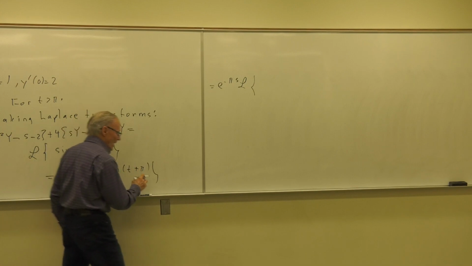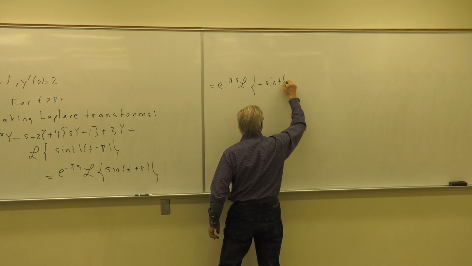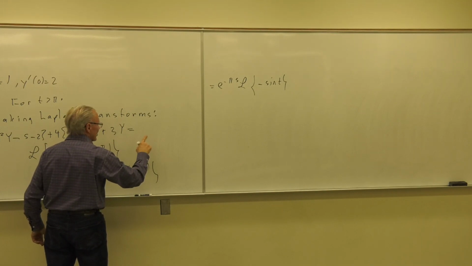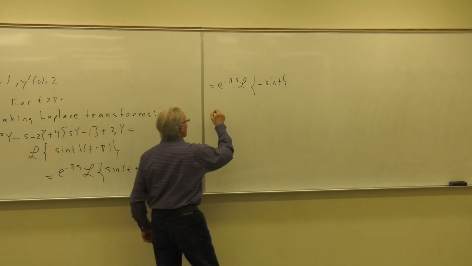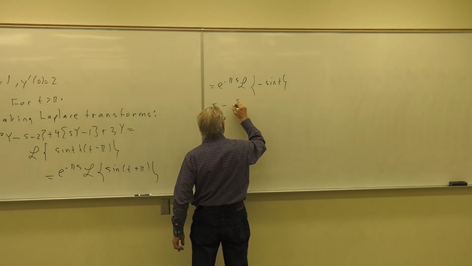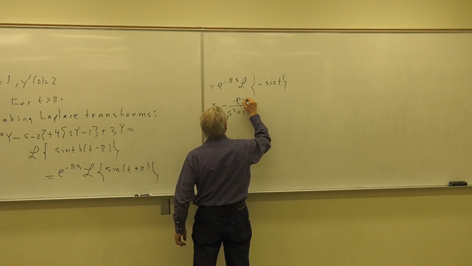Sine t cos pi, that's minus sine t. Cosine pi, sine cos, cos sine, that's gone. So there, minus the transform of sine t, 1 over s squared plus 1, e to the minus pi s.